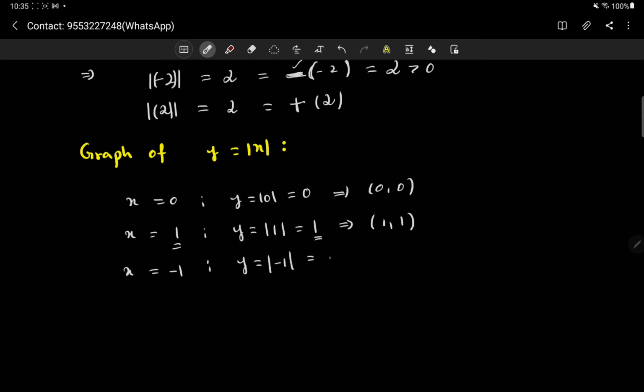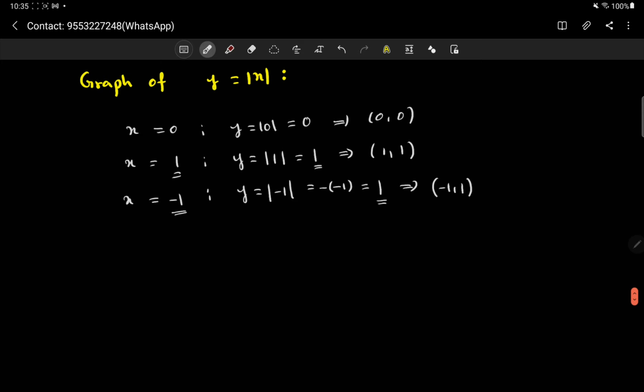Modulus of minus 1 is what? Actually minus 1 is a negative number. To make the result positive, you have to give one more negative sign before it, then you will get a positive number. See here, on giving x value as minus 1, you got the result as 1. So minus 1 comma 1 is a point on the curve.